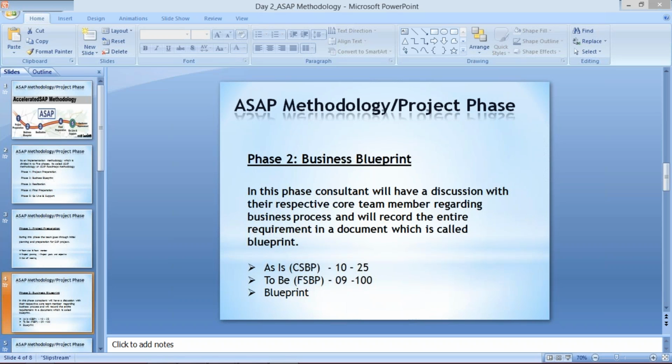Now the consultant is not going to interact with each and every person from the finance team. In the same way, we have other modules also, like the SD module. These people also are not going to interact with every person of the sales team or purchasing team. So what exactly are they going to do?